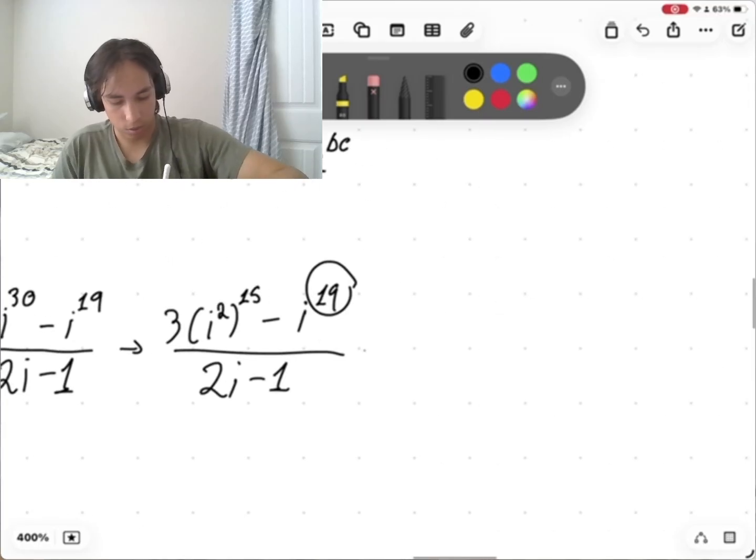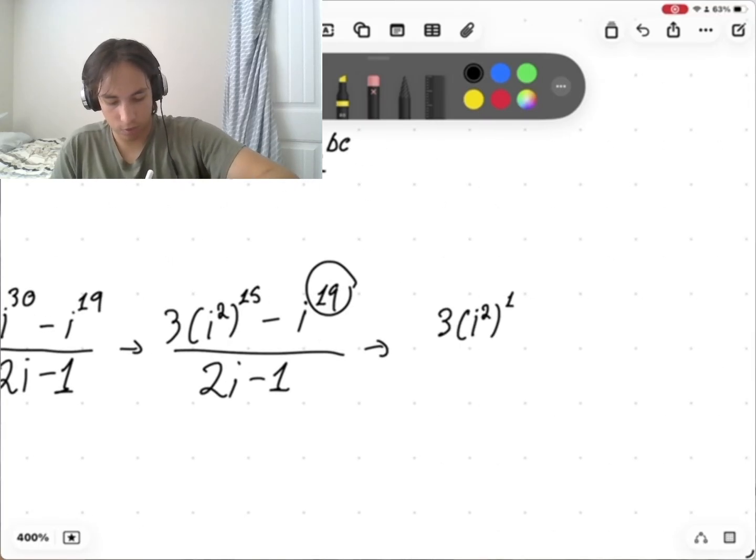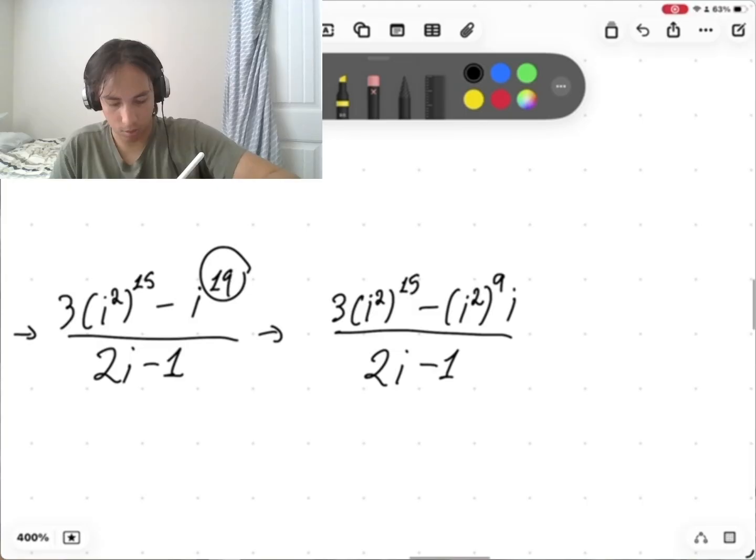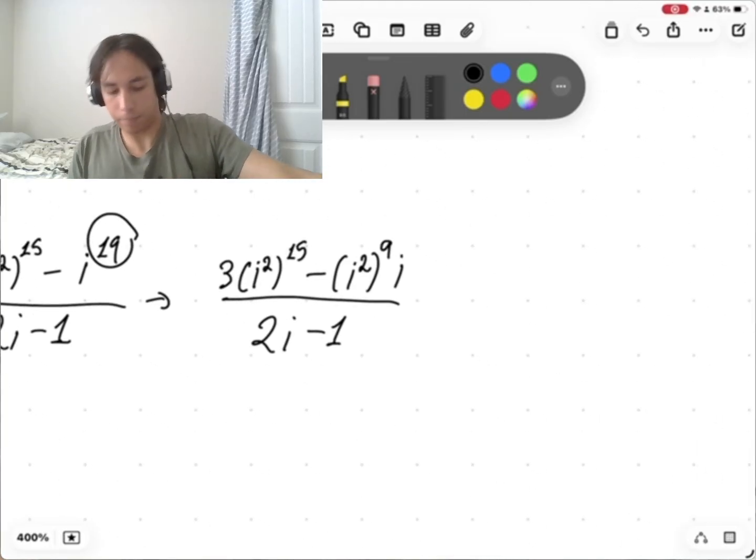So we get 3 times i squared to the 15th minus i squared to the 9th times i, divided by 2i minus 1.